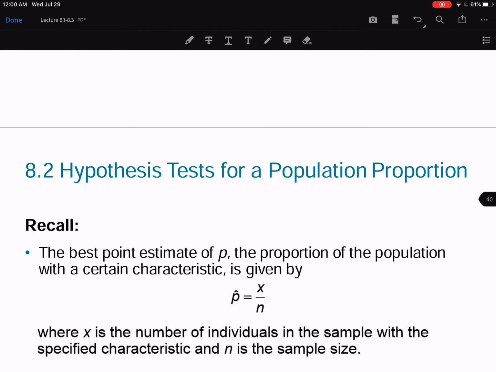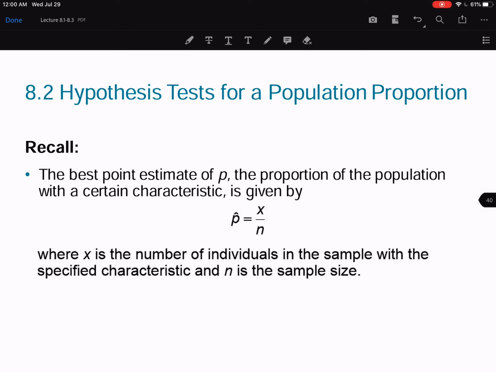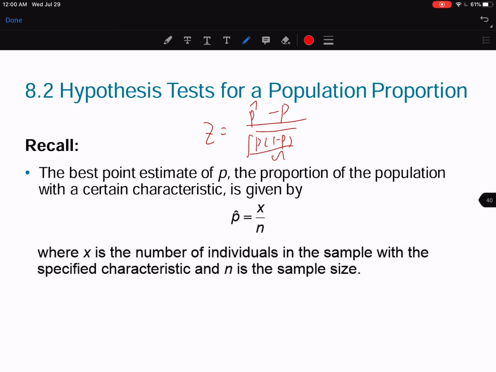So basically, once we know how to calculate the p-value, and we want to do the hypothesis testing for the population proportion, we know that z is equal to p hat minus p divided by the square root of p times 1 minus p over n. Since the p and n should be given in the problems, we need to calculate p hat.